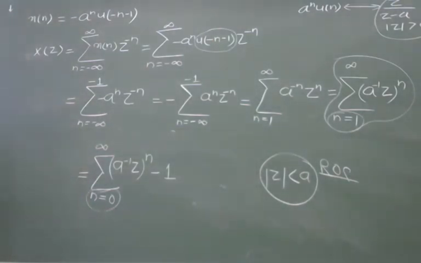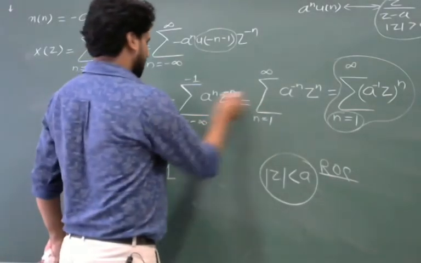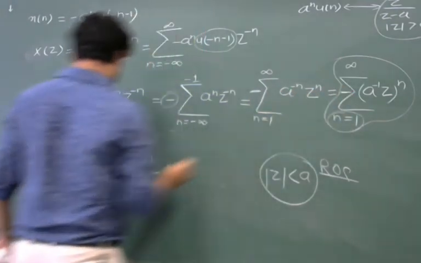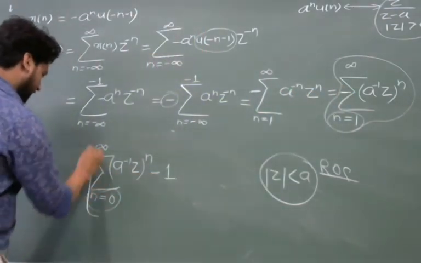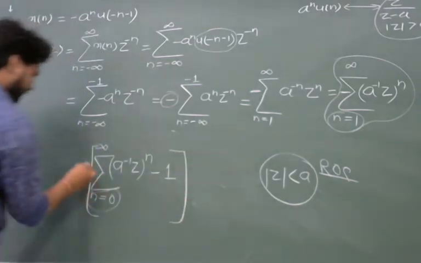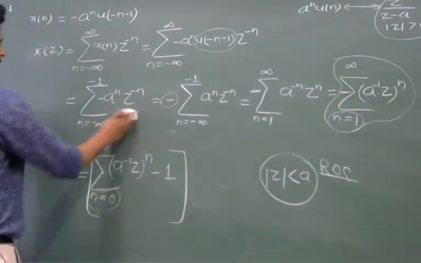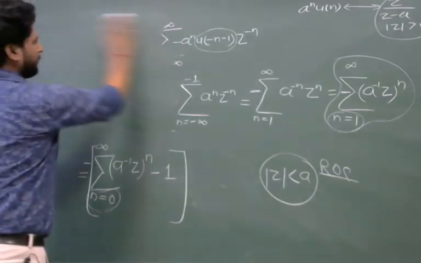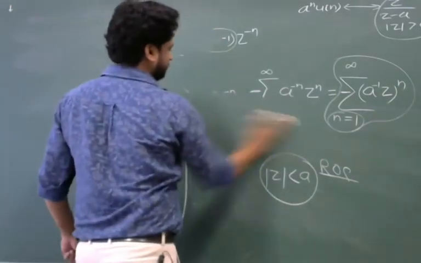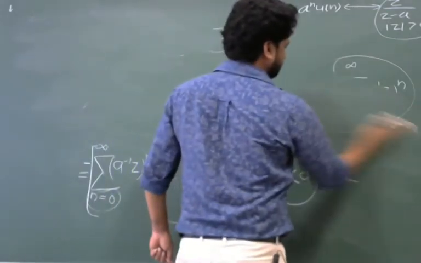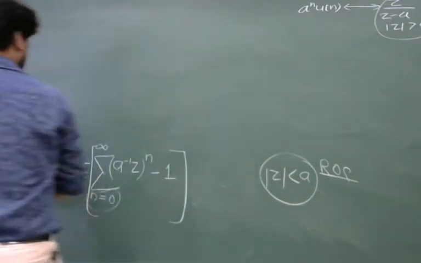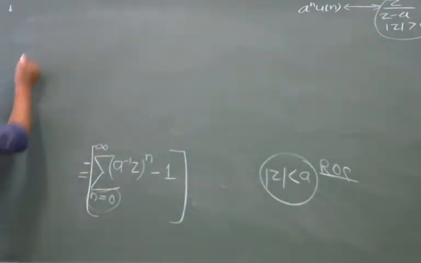Now further, one negative sign is already there, so after simplification this will become 1.